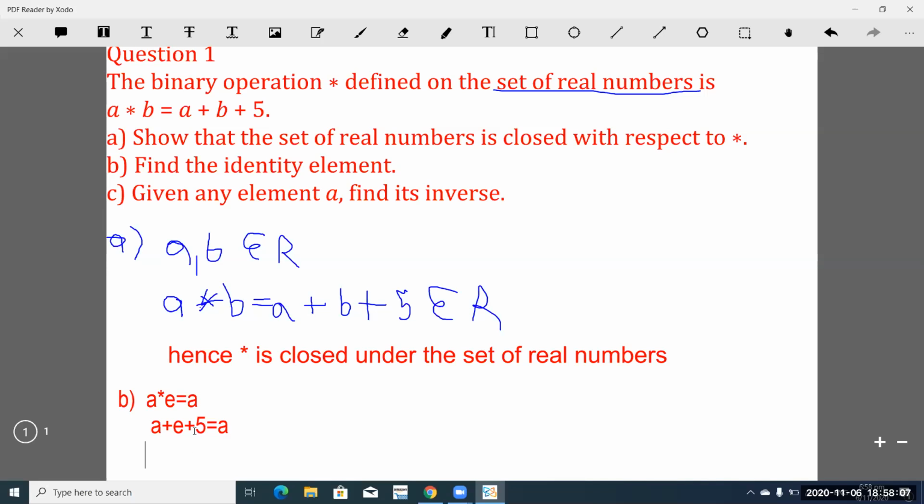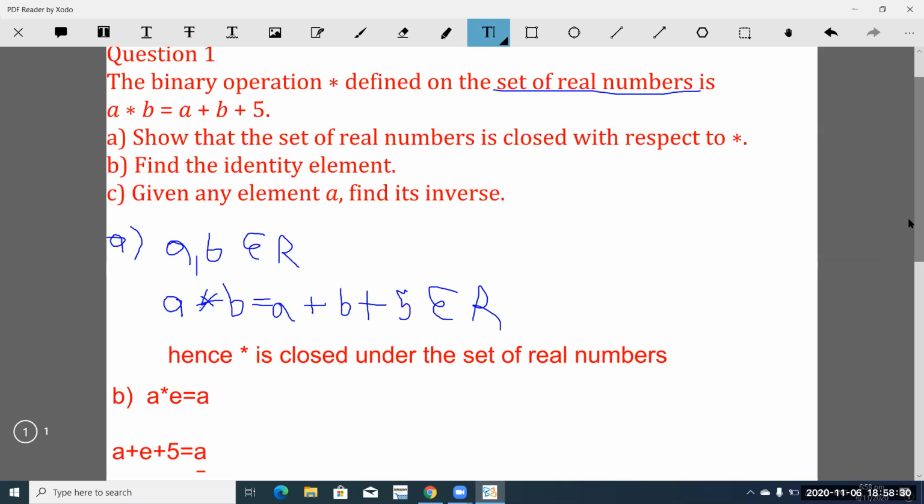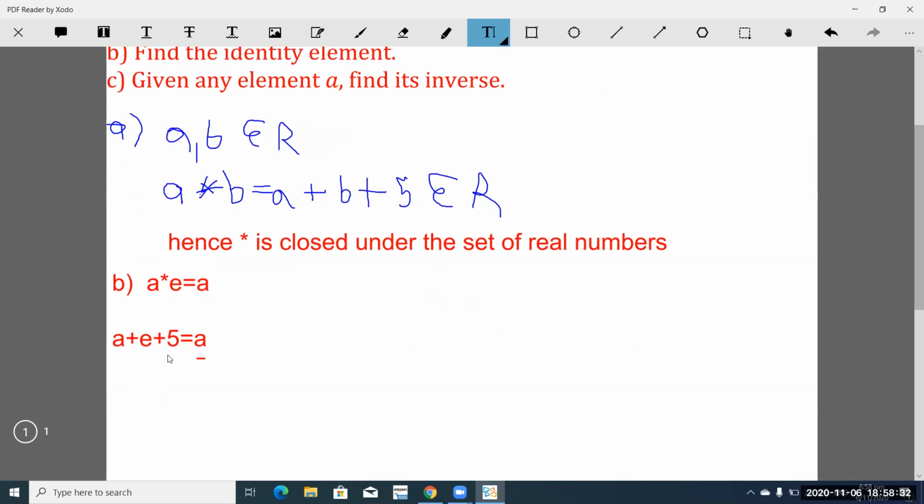So let's make E the subject. To make E the subject, we can subtract A from both sides and then subtract 5. And so we're getting E equals negative 5. Can you see that? E equals negative 5 is the identity.